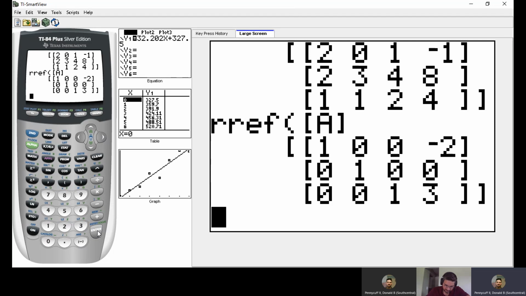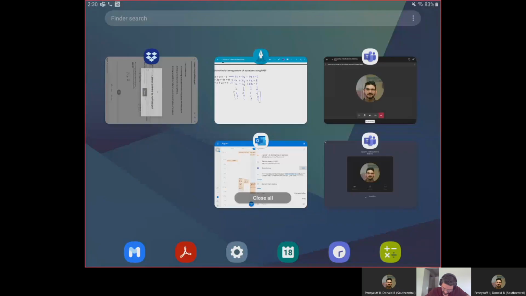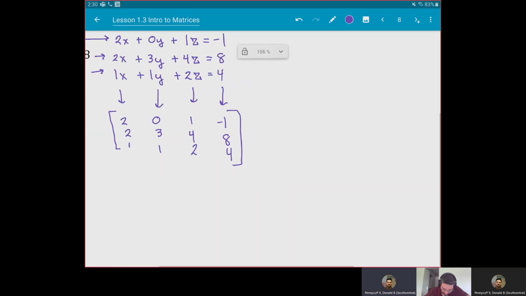Let me go back to my other screen so I can show you guys how to interpret this. Okay, so when I did RREF, I got 1, 0, 0, 0, 1, 0, 0, 0, 1, -2, 0, 3.